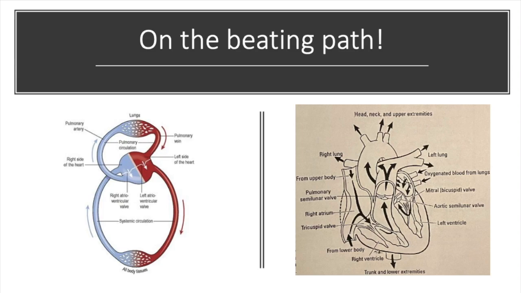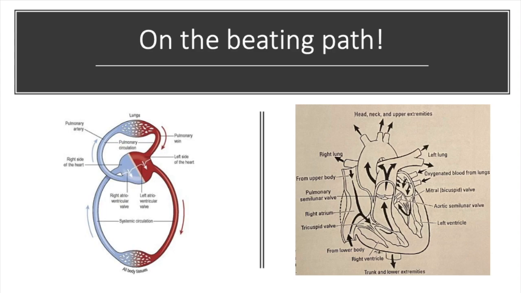Now, what happens in systemic circulation? When the SA node initiates the cardiac conduction cycle, the left atrium contracts, pumping the oxygenated blood into the left ventricle. When the impulses pass to the AV node and onto the AV bundle, the left bundle branch and the Purkinje fibers, the left ventricle contracts, pumping blood into the aorta.